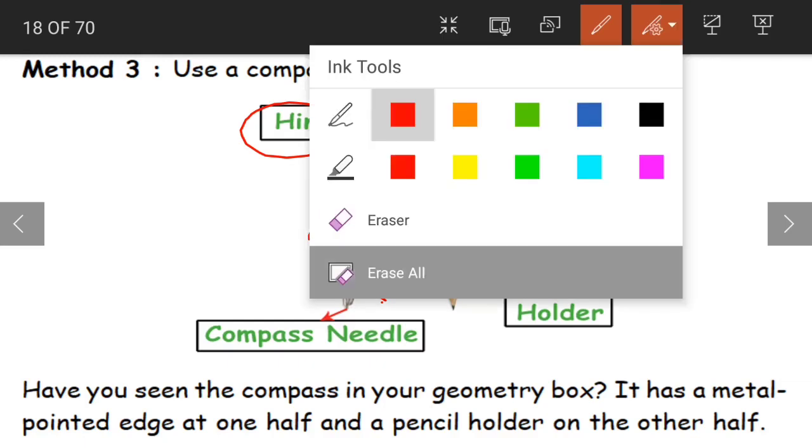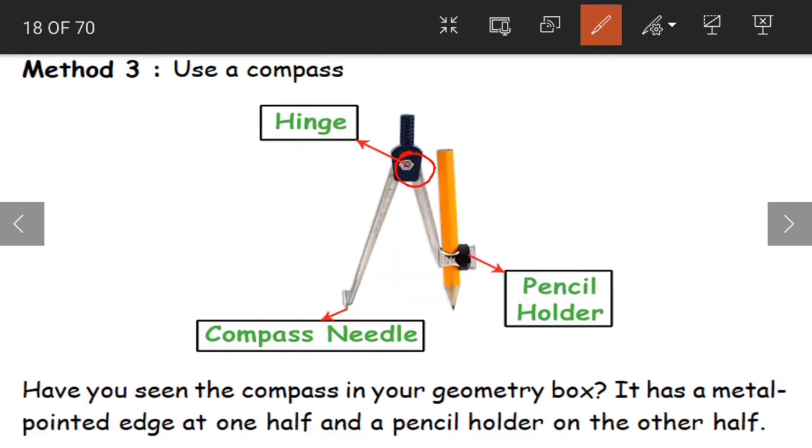Now again, what are these arms? Okay, this is the hinge, the screw part. Now if you look at the arms, here we have a needle on one end. For one arm, we have a needle on the end. So be careful while using a compass, children, because the needle will be a little bit sharp. You might hurt yourself. So the compass has a hinge and then one metal pointed edge.